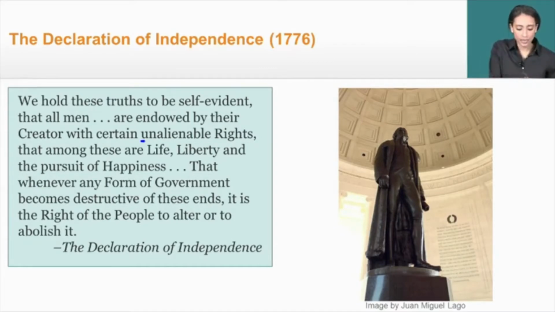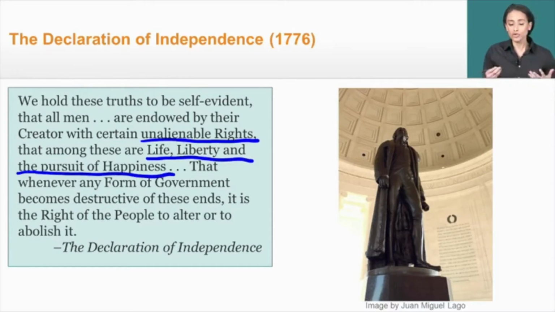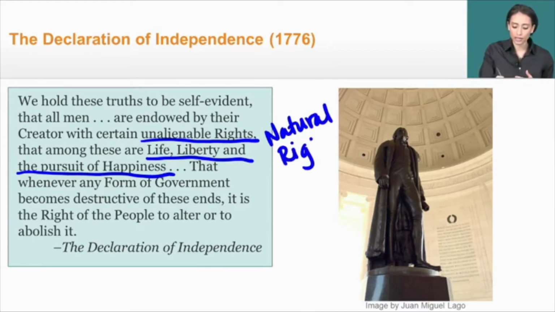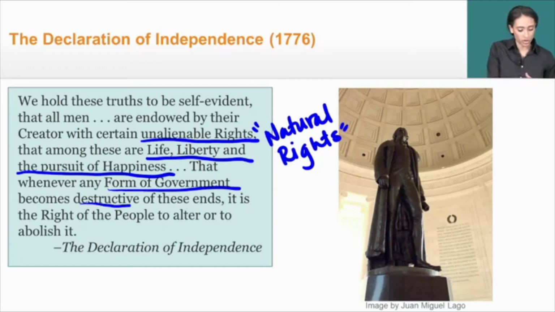This concept that certain unalienable rights, life, liberty, and the pursuit of happiness, comes directly from that concept of natural rights as introduced by John Locke. We also see John Locke's influence in the part where it says, whenever any form of government becomes destructive of these ends, it is the right of the people to alter or abolish it.